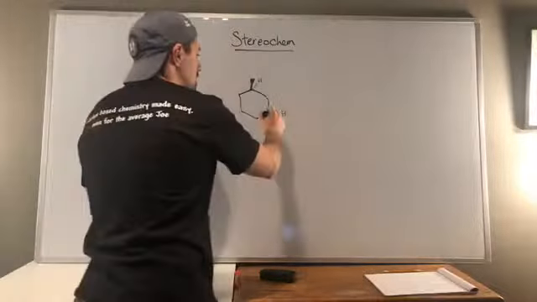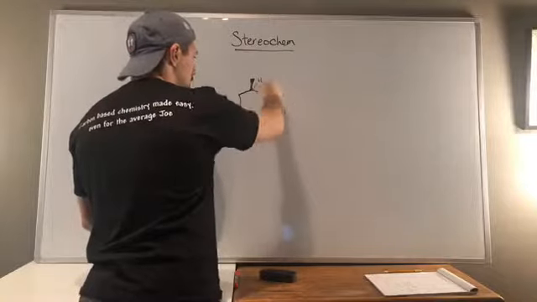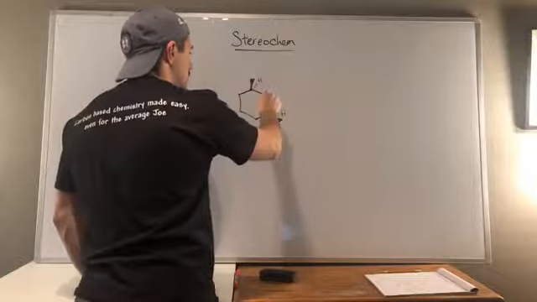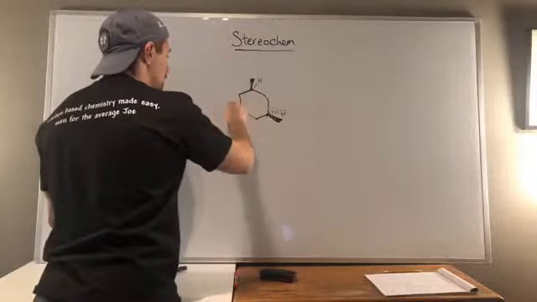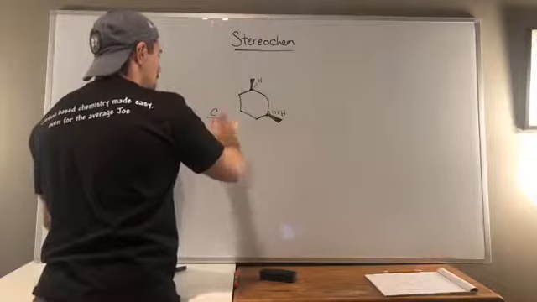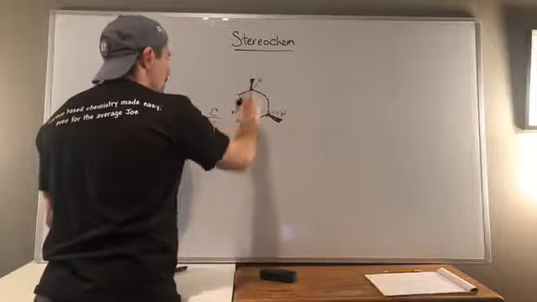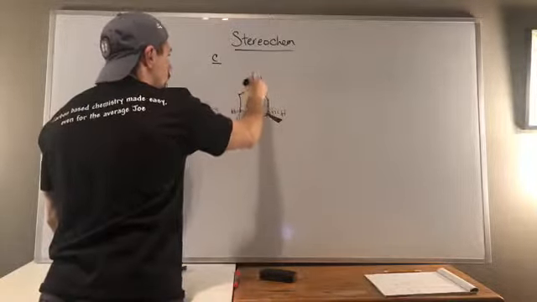So if I wanted to assign stereochemistry here, I would go 1, this branch is the highest priority, right? Because there's a tie here, there's a tie here, there's a tie here, there's a tie here. However, this carbon right here is attached to a carbon and then 2 hydrogens. And this carbon up here is attached to a carbon and a hydrogen, right?